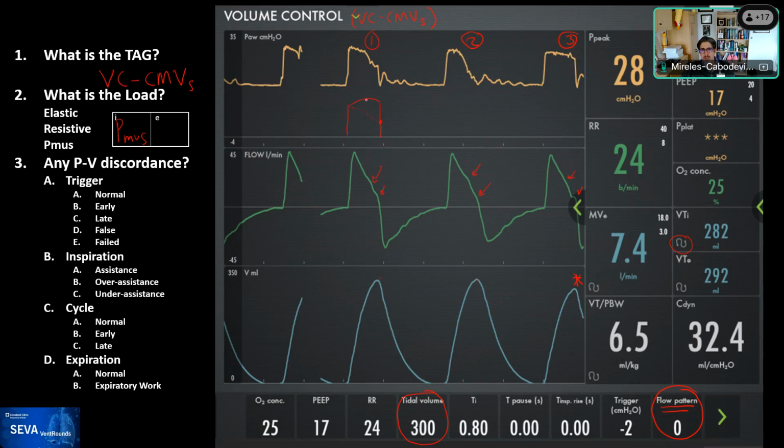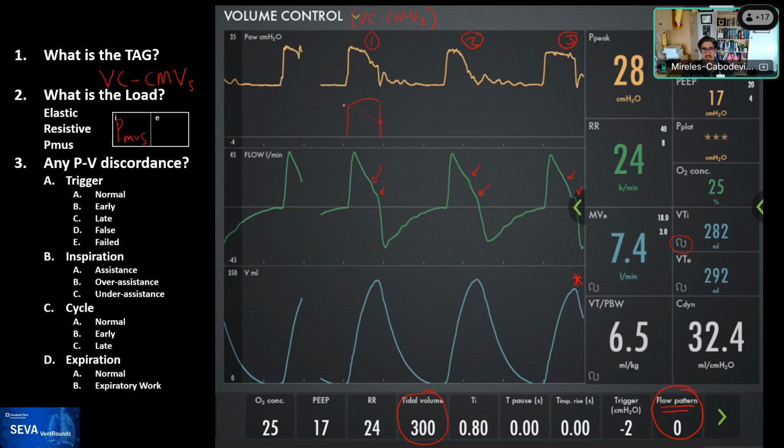And right now we know that this is because of PMUS, but just for a second, imagine that there is no PMUS. What would be the cause of there being a higher peak at the beginning and lower at the end? What would be different? What would be high? What would be the load? Elastance, resistance?